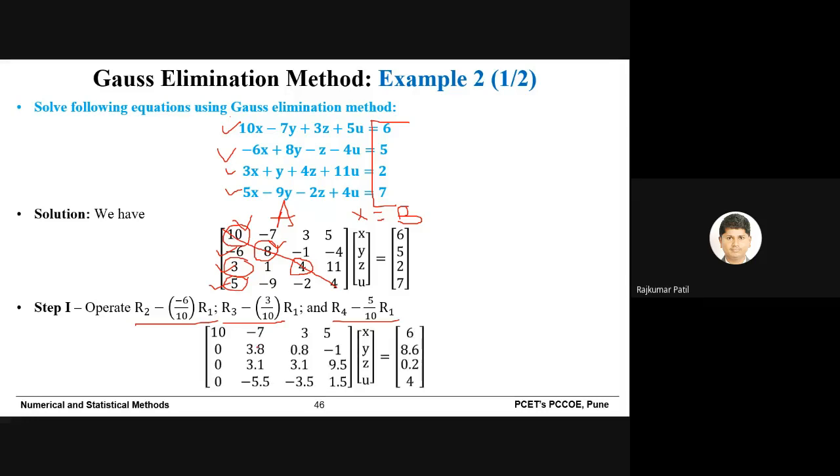So we got the modified matrix. Again, we need to make these 2 terms equal to 0, but by doing row operations. But before that, make sure that this particular term, that is A22, is not equal to 0. As in this case, this term is not 0.